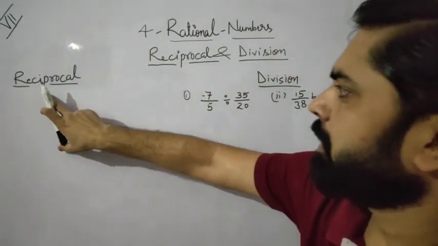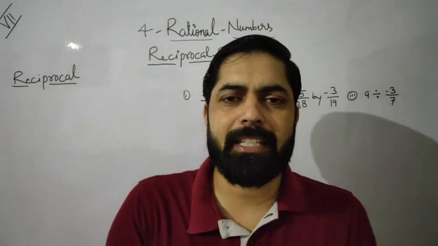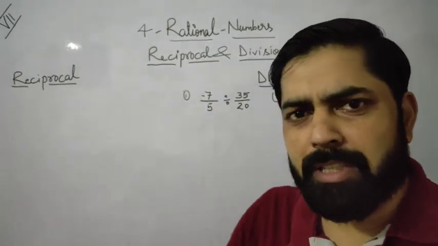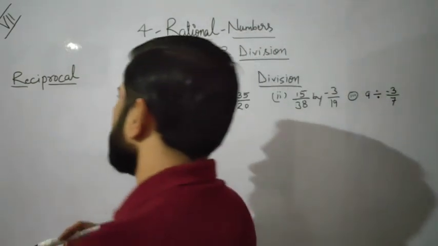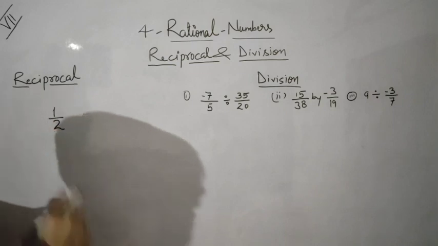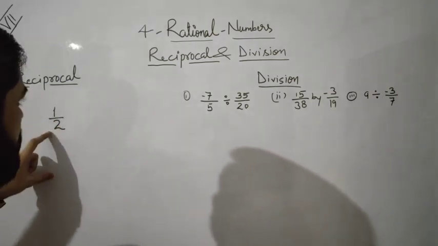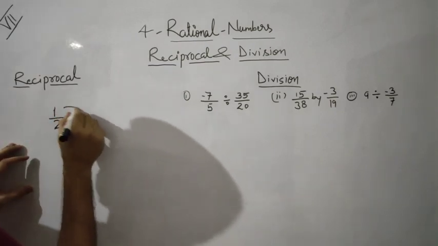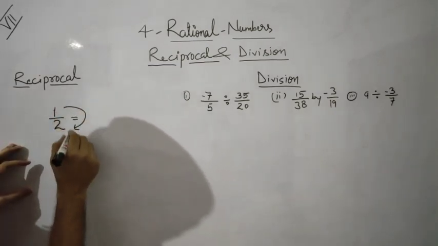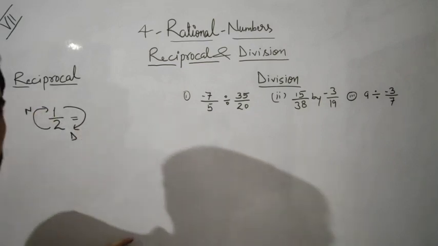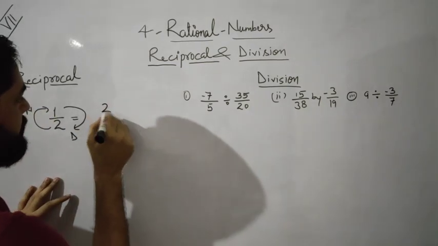So you know, reciprocal is just a fancy math word. You can say that this is very easy: switch the number. What does switch the number mean? Like here is written 1 upon 2. When we switch the number, switch means the numerator is written as the denominator and the denominator is written as the numerator, like 2 upon 1.